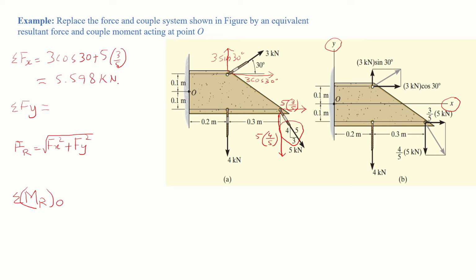In the second step, we sum up the forces in the y direction. First one is 3 sin 30. The second one is negative because it is downward, negative 4.